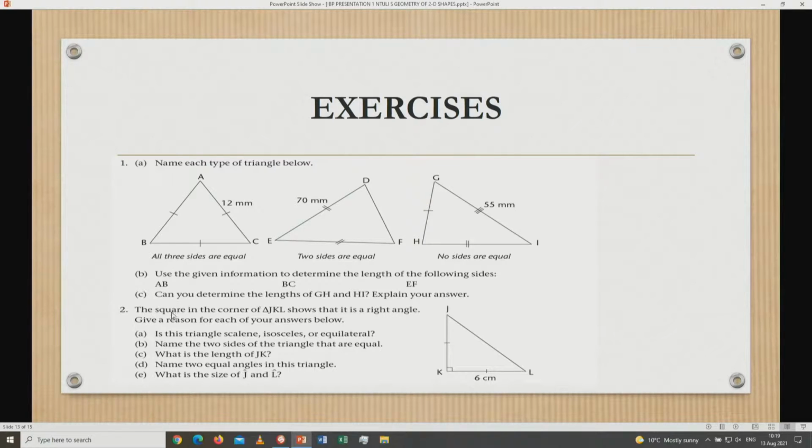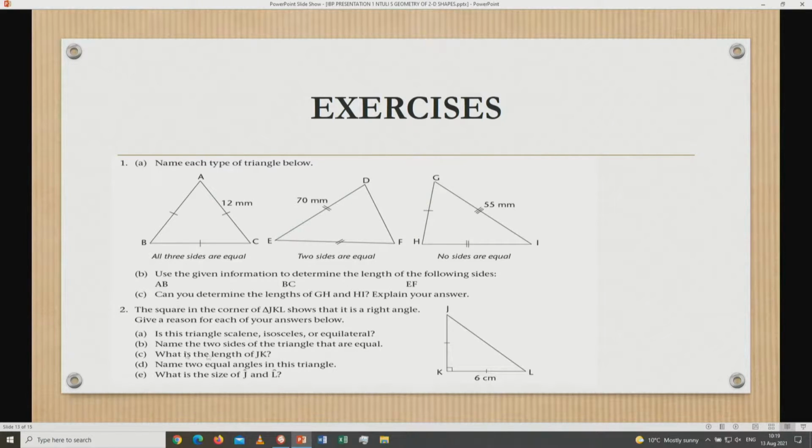Number 2, the square on the corner of a triangle JKL. Remember, this is a triangle JKL. Shows that it is a right angle. Yes, we do agree. This small square shows that this is what we deal with. This is a right angle. Now, is this triangle scalene, isosceles, or equilateral?